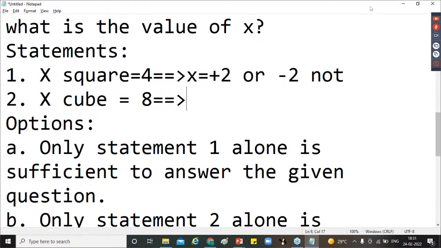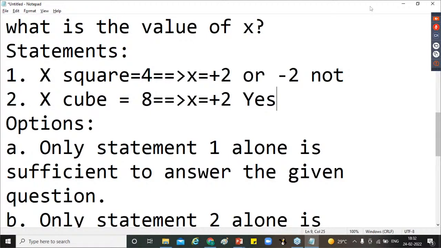But x cube is equal to 8 means the x value should be +2, right? Yes. Only statement 2 alone is sufficient to answer the given question, as the x value should be unique. With +2 or -2, it is not possible to get an exact unique value.